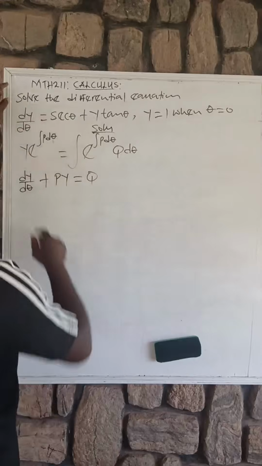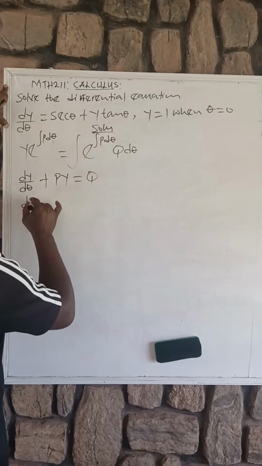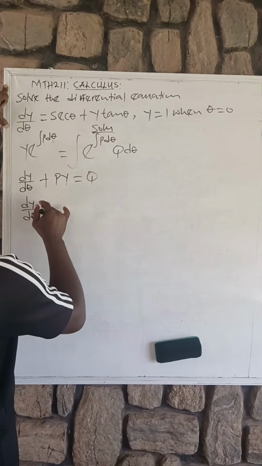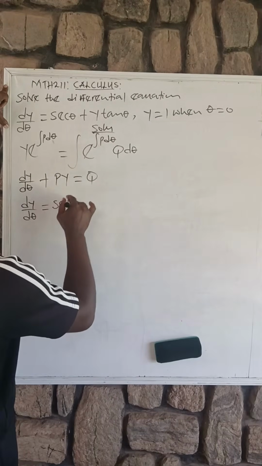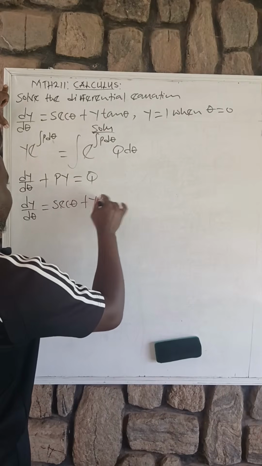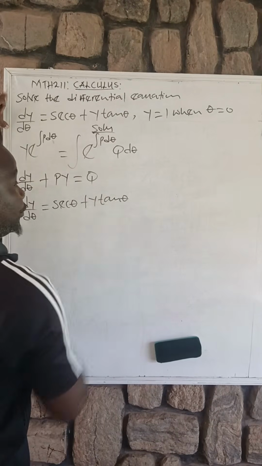So we have to transform this differential equation dy over d theta equals sec theta plus y tan theta.